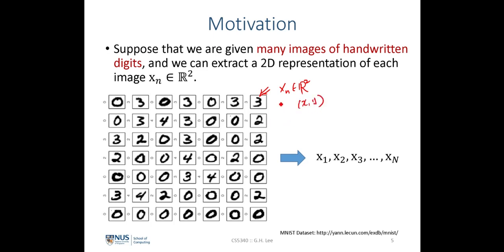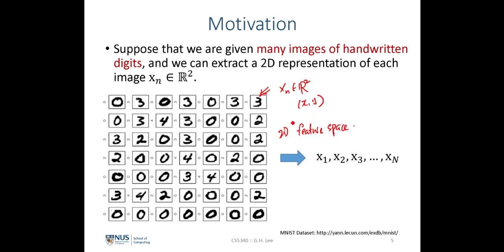Similarly, I can do this for every one of these digits, which can be mapped into a 2D representation, or what we call the 2D feature space, where we can use this to represent that particular image.